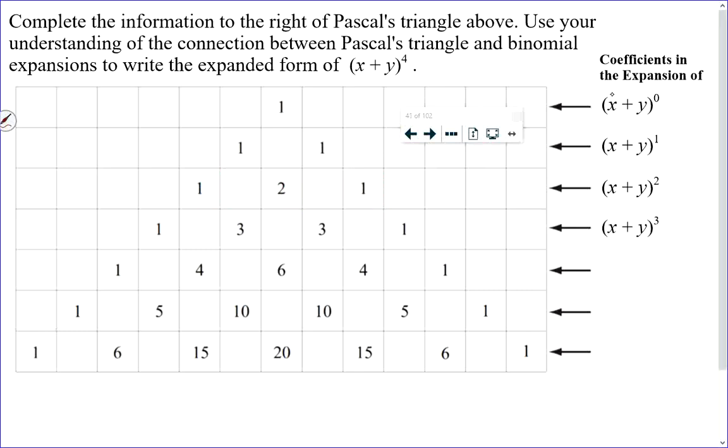When we expanded x plus y cubed, we got 1x cubed plus 3x squared y plus 3xy squared plus y cubed. So this isn't just a fluke with the first few rows. The fifth row would be the coefficients of x plus y to the 4, and it would continue in that fashion.